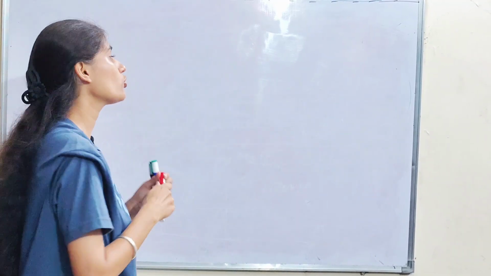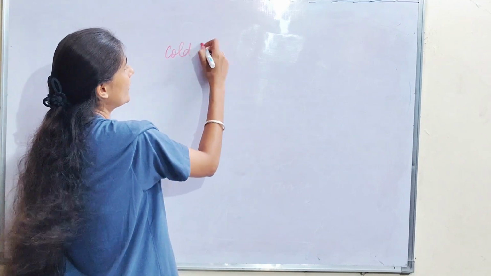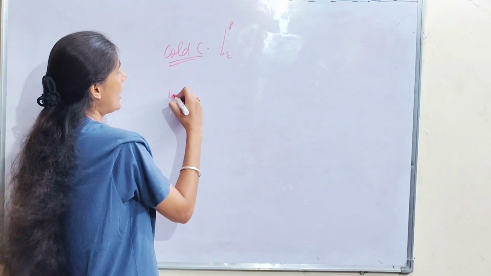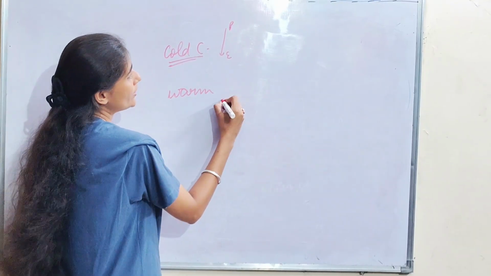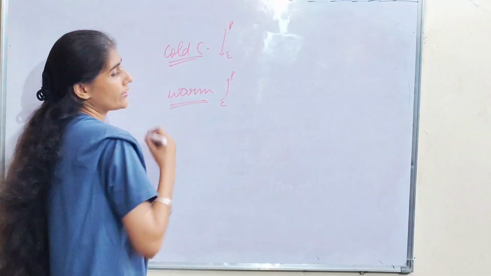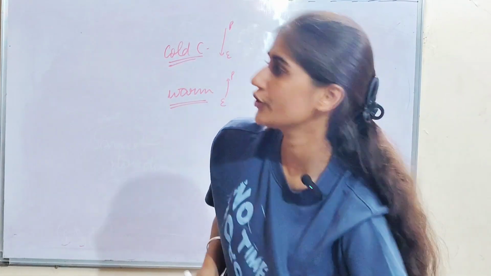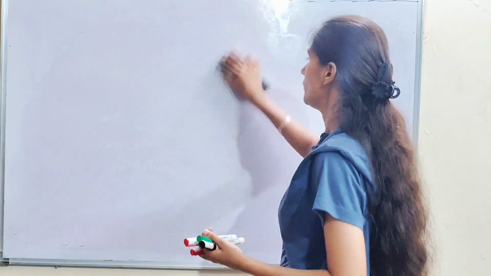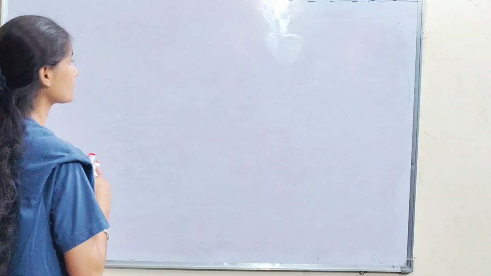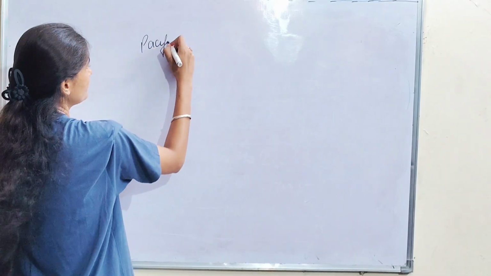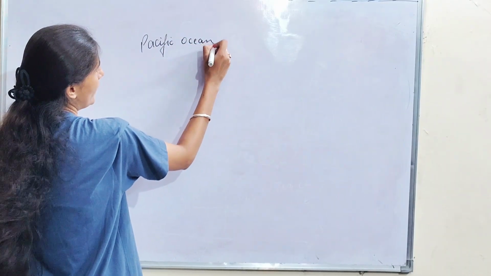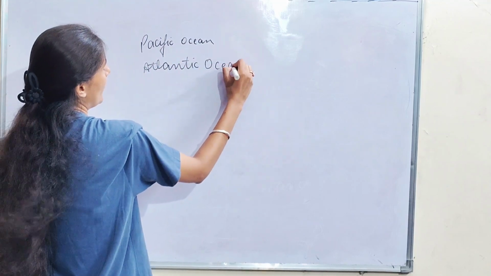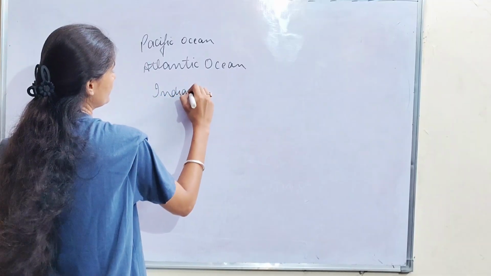I told you that a cold current always travels from the poles towards the equator, and a warm oceanic current always travels from the equator towards the poles. We covered the Pacific Ocean, then the Atlantic Ocean, and at the end the Indian Ocean.